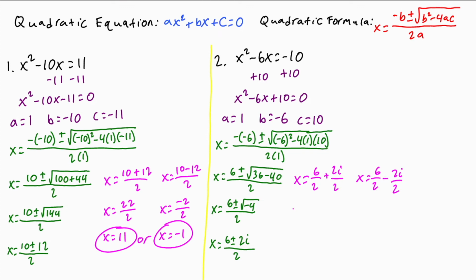And so what I did there was I split up the plus or minus into 2 different equations, but I also took the over 2 for all of it being divided by 2 and instead made each thing divided by 2. So I distributed the dividing by 2. And 6 divided by 2 is 3, and 2i divided by 2 is i. And then we have 6 divided by 2 is 3, and minus 2i divided by 2 is i.